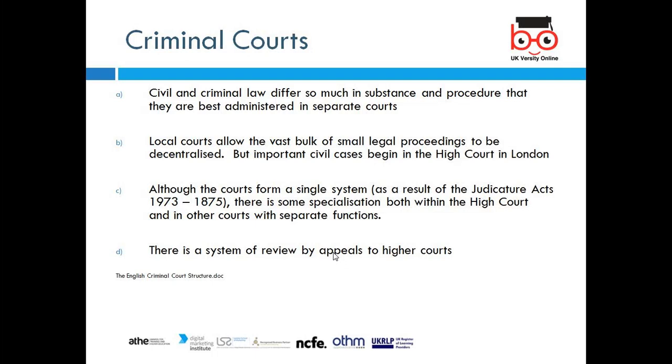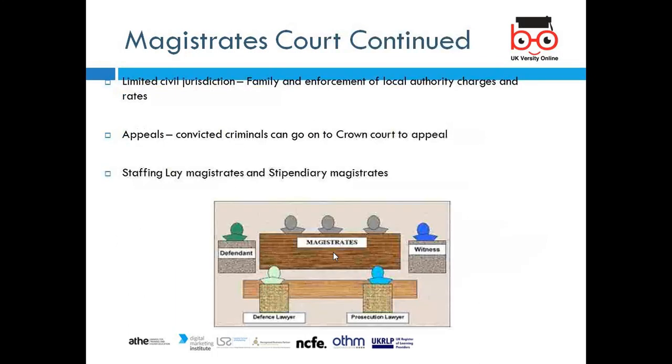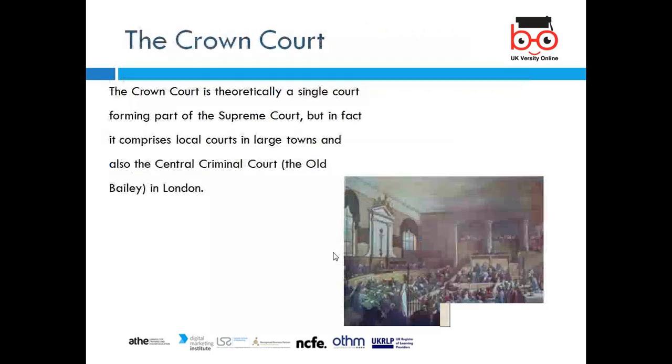Civil and criminal laws differ from each other. So, court jurisdictions, that's all about the court system being explained. Who can sit there? Magistrate court, different witnesses, then of course their lawyers, and the appeal can be heard in the Crown Courts.